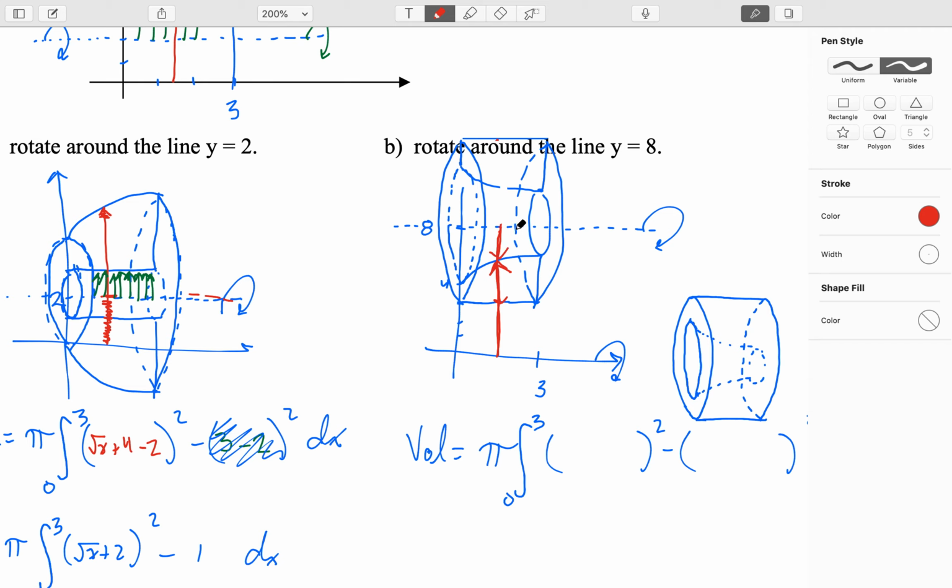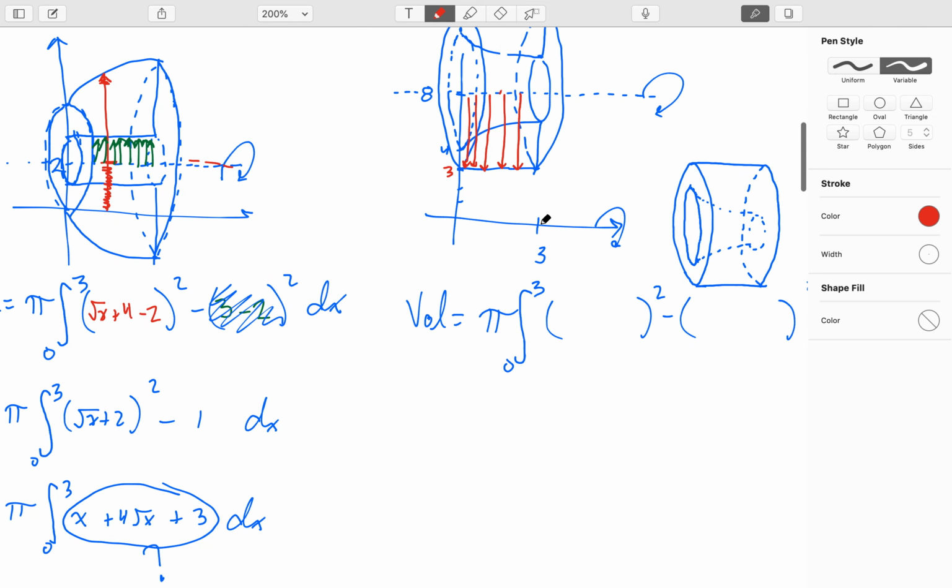The outside is from here down to here. As I'm integrating from 0 to 3, right, it's just a constant 8 down to whatever this line is. This is 3. 8 down to 3. So it's just constant. That's why I have a constant outside edge, right? It's kind of like the Roman Colosseum or a hockey puck or whatever. So this is really the distance from 8 down to 3.